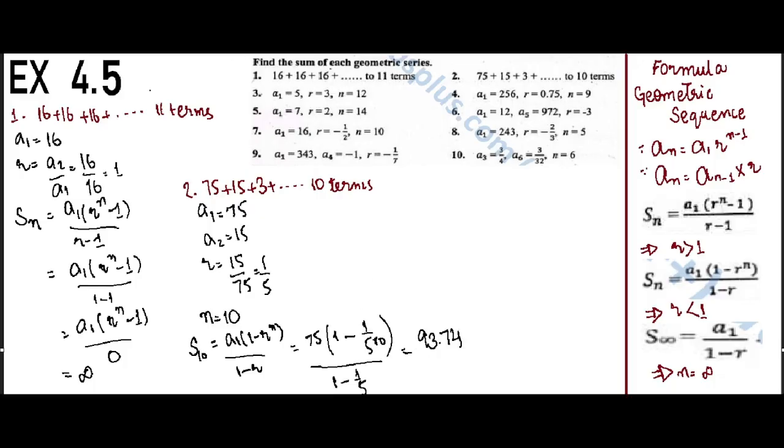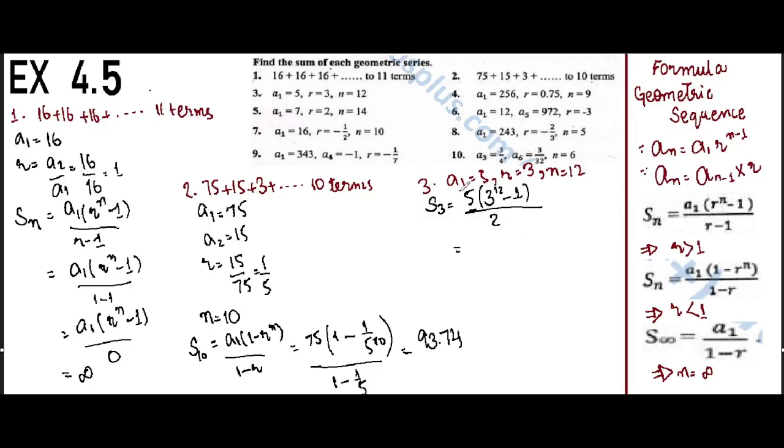Then we have to solve question number 3, which is a1 equals 5, r equals 3, and n equals 12. Now let's solve it. S12, r is greater than 1, so we are going to use this formula. a1 is 5 into r raised to the power n minus 1, so 3 raised to the power 12 minus 1 whole divided by r minus 1, which is 3 minus 1, which is 2.